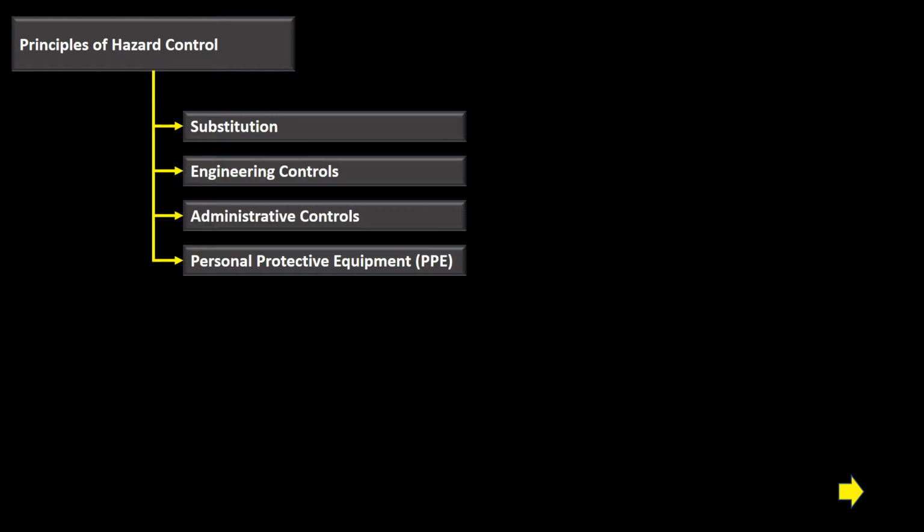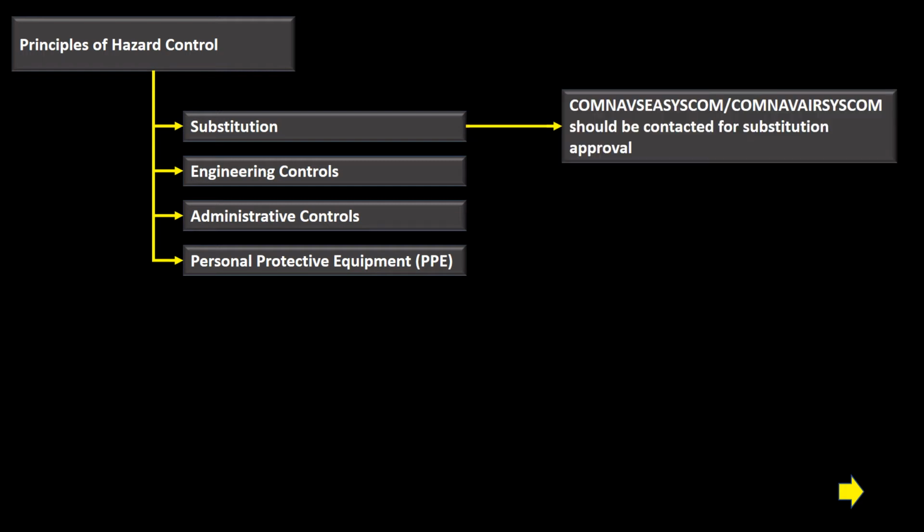So a quick recap on our principles of hazard control. We had substitution, engineering controls, administrative controls, and then our personal protective equipment, our PPE. And that's the order of preference. Substitution, we said anytime we want to substitute anything, we've got to make sure that we get approval from ComNav Sea Systems Command or ComNav Air Systems Command.